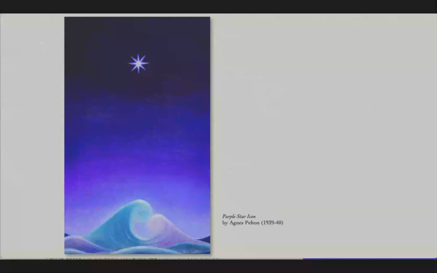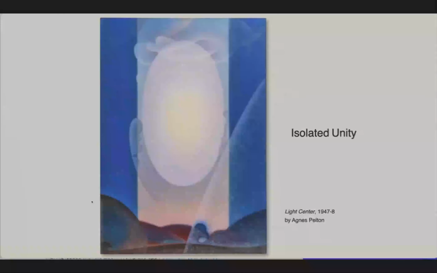The first ray quality of this revelation comes through seeing all things as a unity of light, of knowing that the homogeneity of the universe is light. From this perspective of unity in and through light, we gain some understanding of the keynote of this first ray technique called isolated unity.